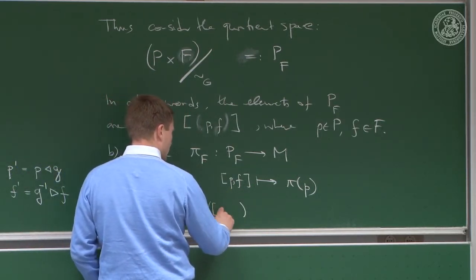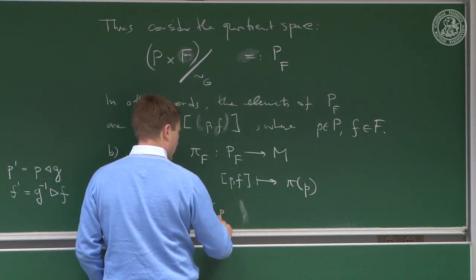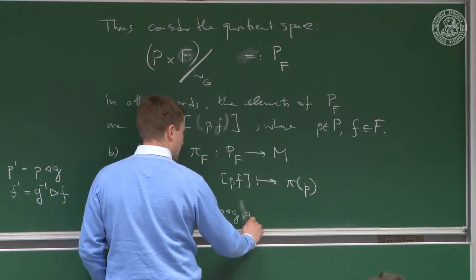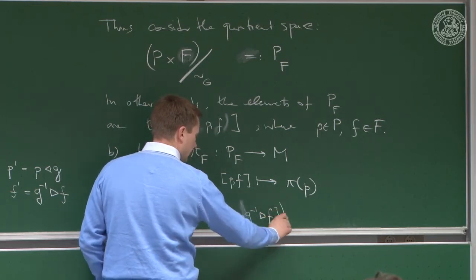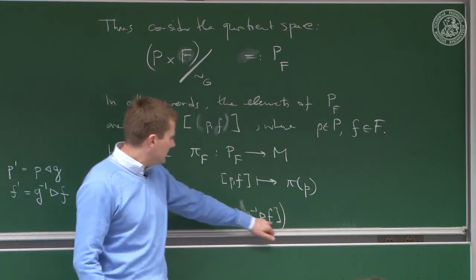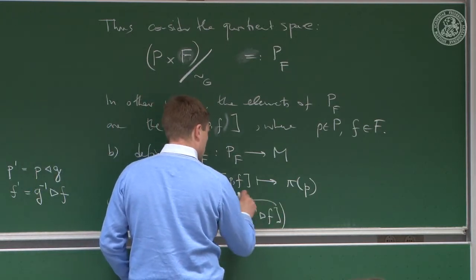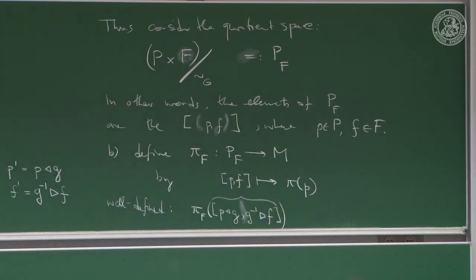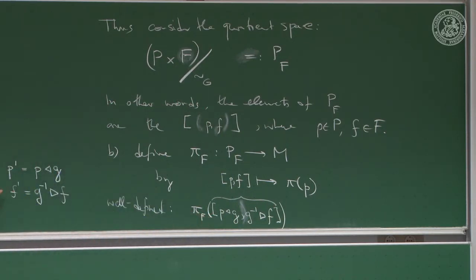and apply the map pi_F to it. So what is any other representative? Any other representative would have the form P acted upon from the right by some G, and G inverse acting from the left on F. This is clearly the same equivalence class as this one, by the very definition we made here for the equivalence.